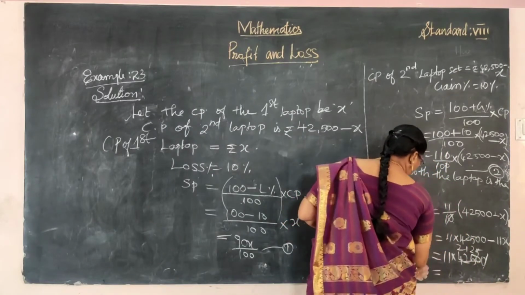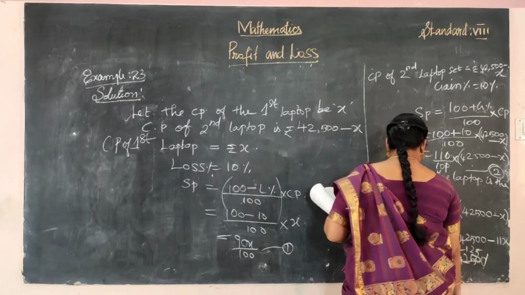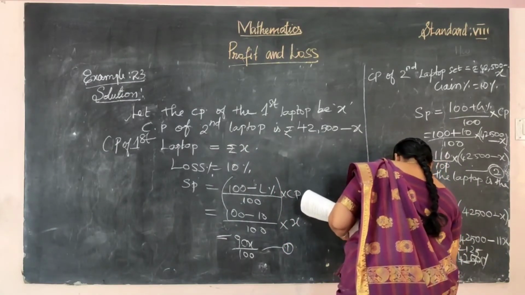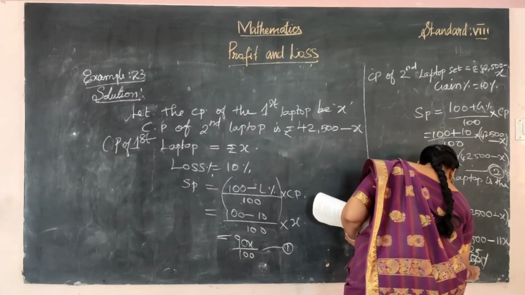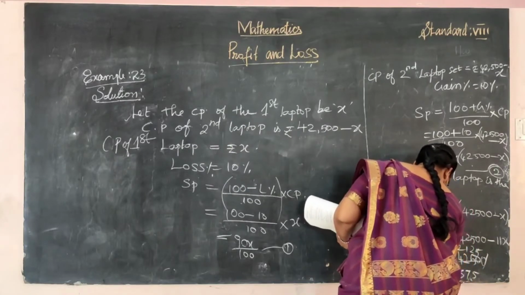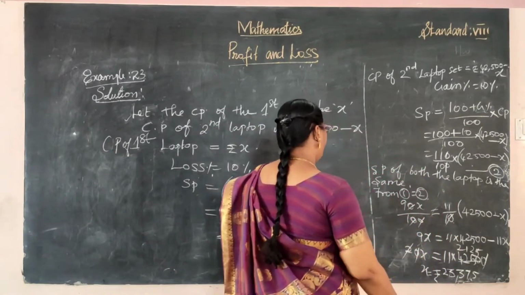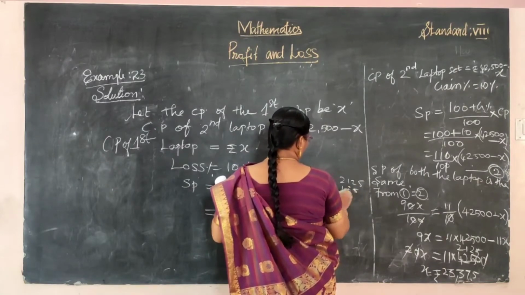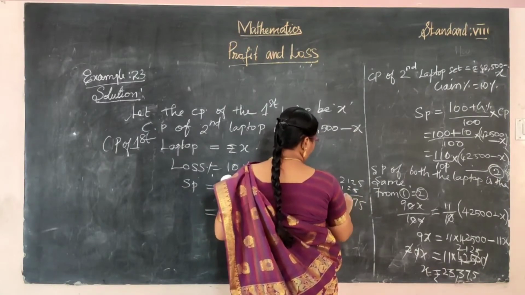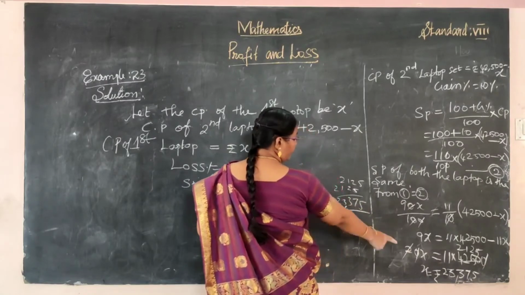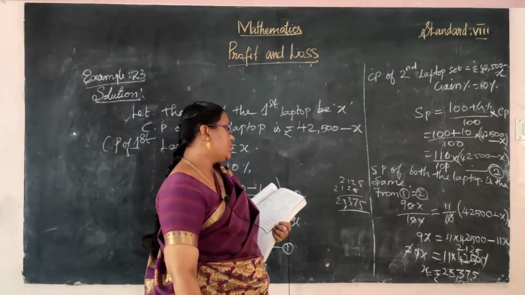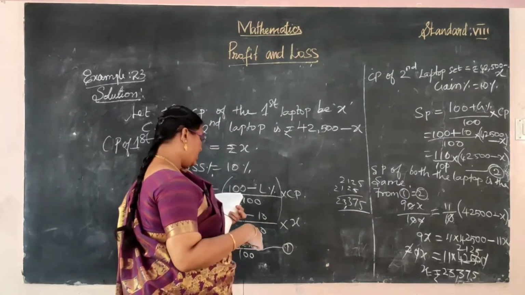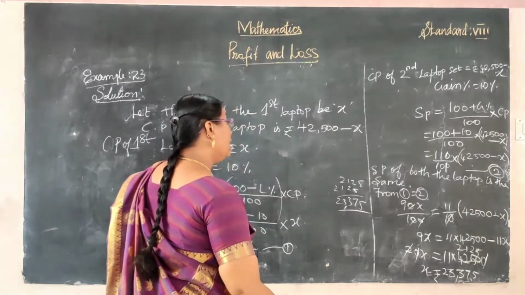Okay, now X equal to the multiple of this value, we get 23,375. Multiply, 2125, 5212, 57332. Okay, so X equal to rupees 23,375. That is the cost price of first laptop.